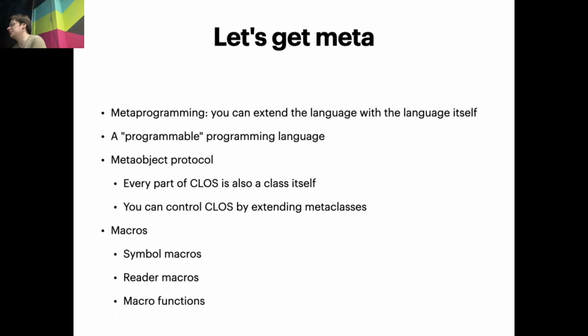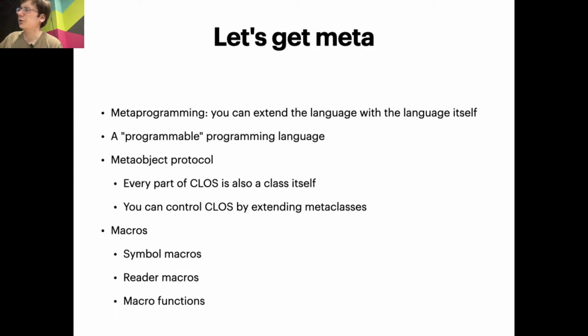And this allows us to experiment with the object system, to extend it in all sorts of ways. For example, some people implemented distributed objects that way, for network programming. So you can do a generic function call on an object that is actually on another machine in the network.